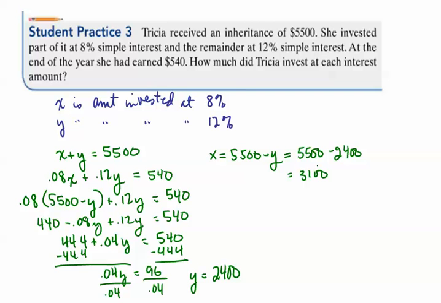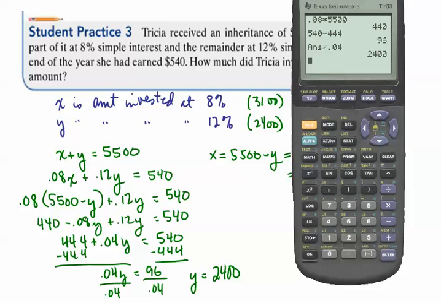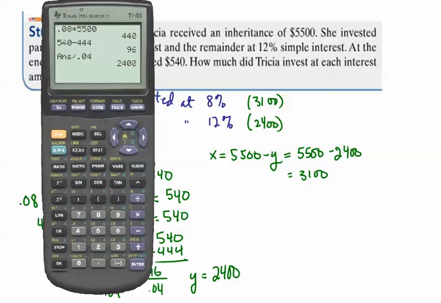All right, so now we know y was $2,400, x was $3,100. Together, those add up to $5,500. That's true. Now, if we were to multiply 0.08, that's the amount of interest earned in the first account, 0.08 times 3,100, that would give us $248.